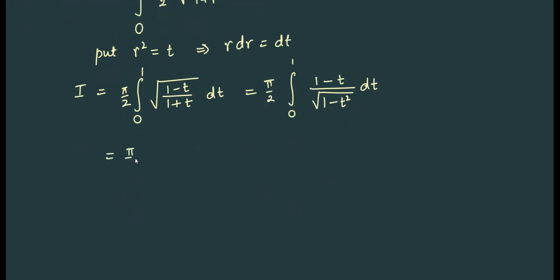So this is equal to pi by 2 into the integral of 1 by under root 1 minus t square plus integral 0 to 1 of minus t by under root of 1 minus t square dt.